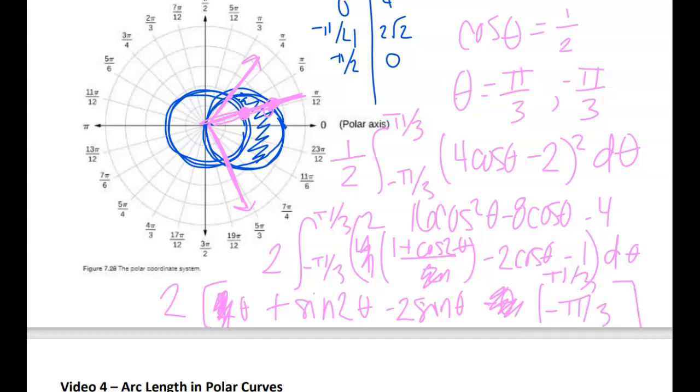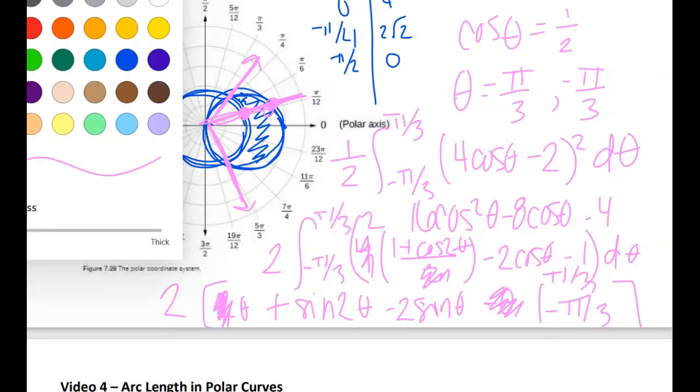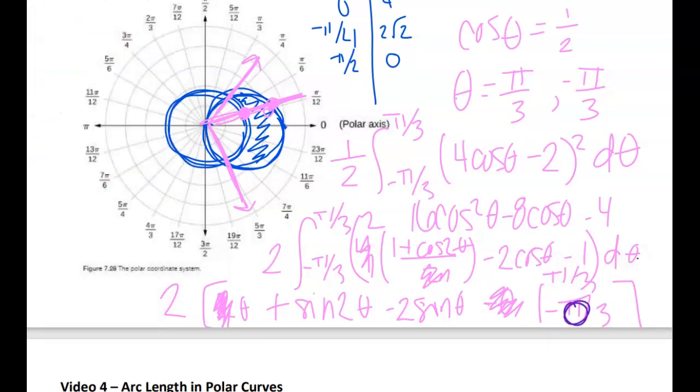Now we can also go from 0 to pi over 3 and double it, right? Because that's exactly the same. So I'm just going to do that when I plug these in because sine of 0 is 0. So I'm going to double this. So I'm going to have to erase this up here.